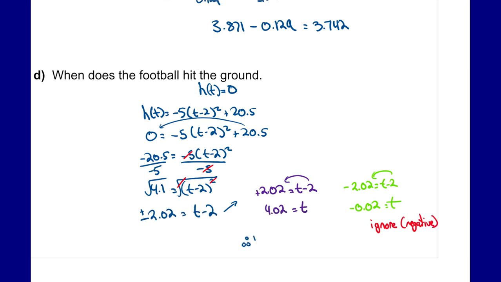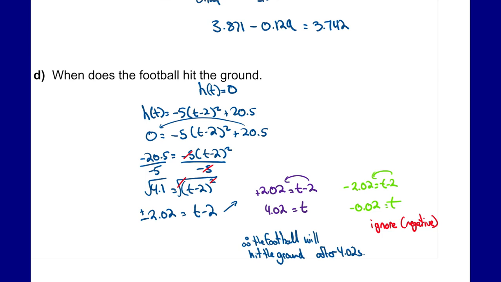So therefore, the football will hit the ground after 4.02 seconds.